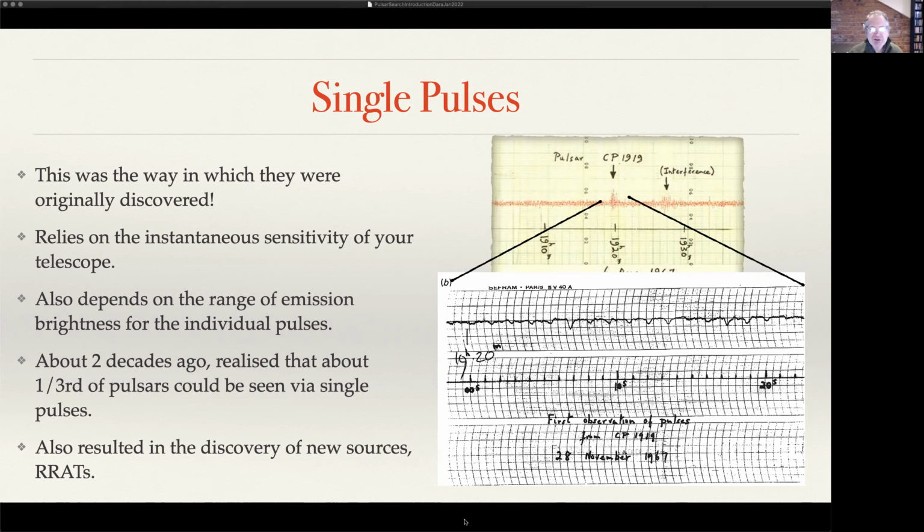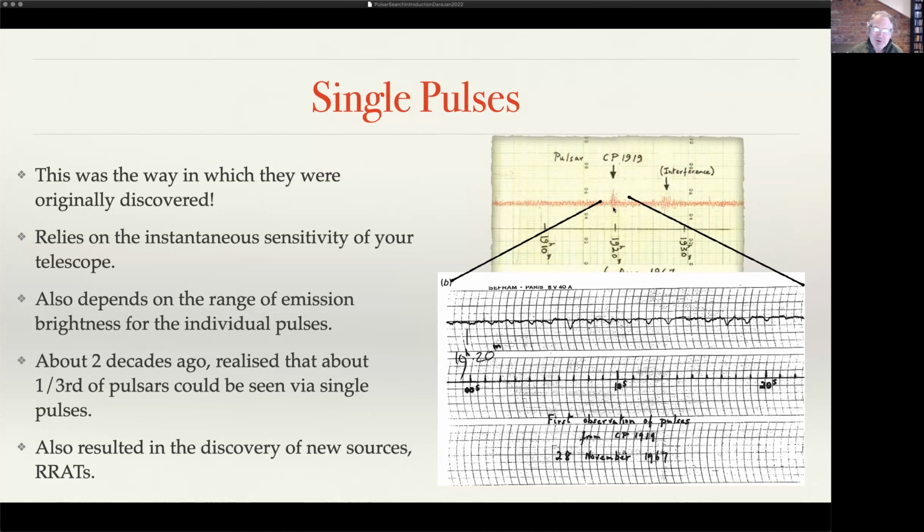On the right-hand side, you can see an example of the plots from the original discovery of the first radio pulsar by Dame Jocelyn Bell Burnell. And you can see how she detected this so-called piece of scruff, as she called it, where the red here is the fluctuations of the radio emission detected by the telescope.